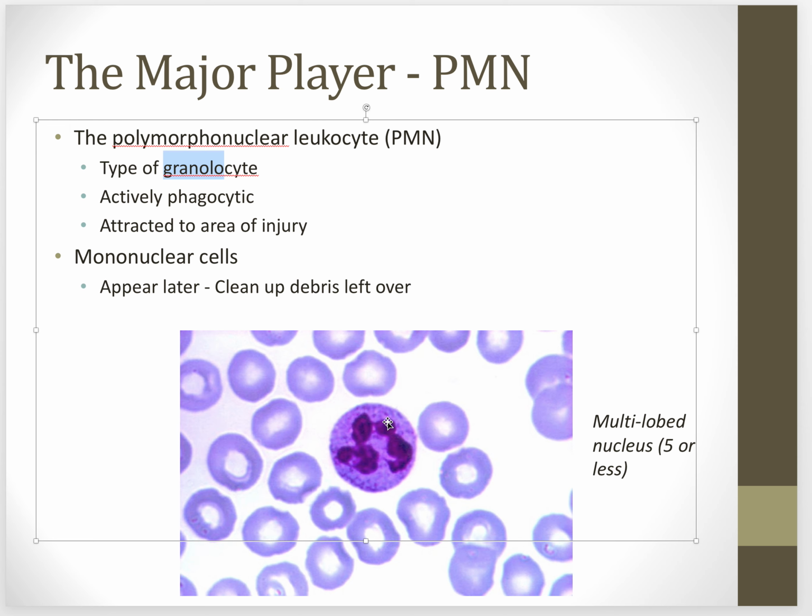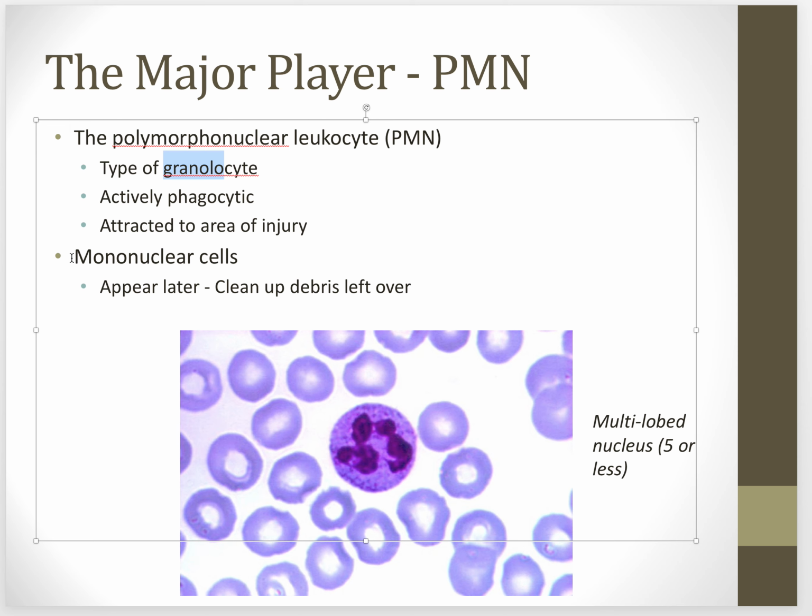They're actively phagocytic, which means they eat things. They get to that area so that they can remove debris. Then they are attracted to that area of injury, which we'll see a nice video of in a second, so that they can ingest and then destroy the pathogen causing the destruction.